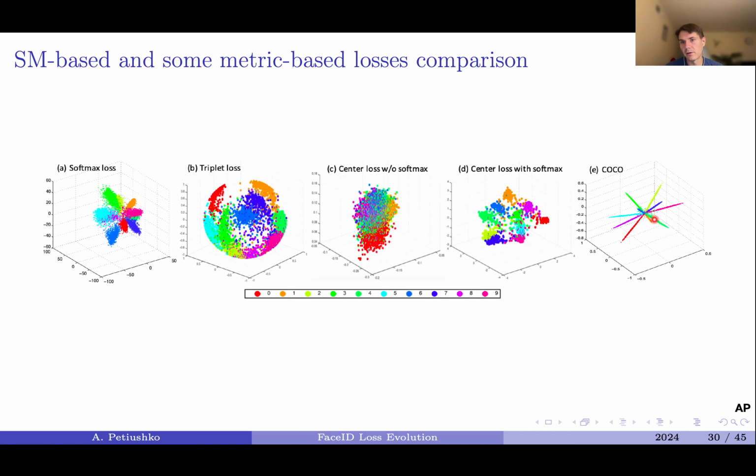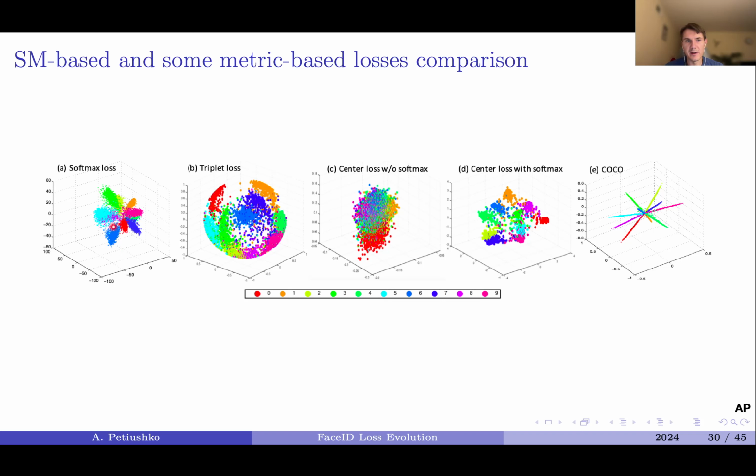And this is Coco loss, which also uses centroids. It still has, for example, no separate areas. They still intersect at the origin. So it's quite interesting, to be honest.